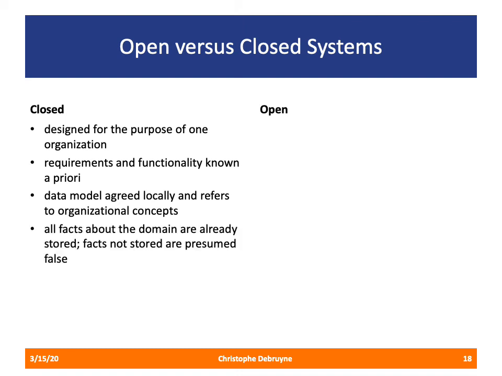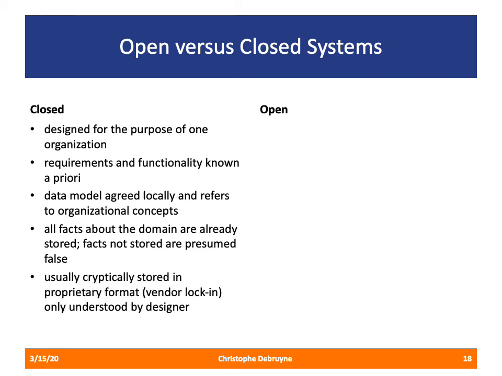All facts about the domain are already stored. Facts that are not stored are presumed to be false, which is something we will call later on the closed world assumption. And they're typically stored using proprietary software or in a way that is generally only understood by the designer.